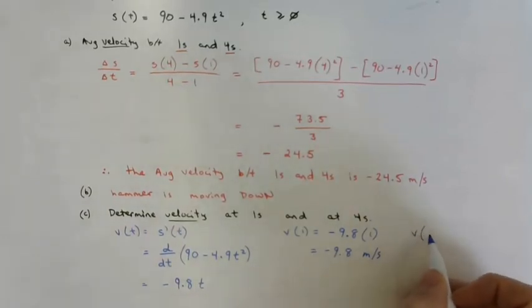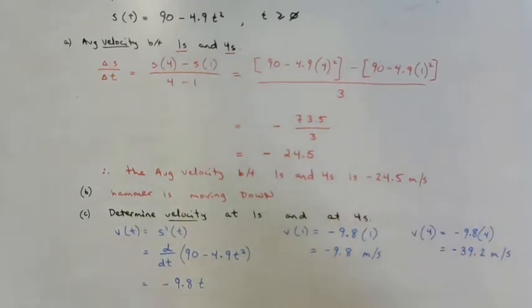And the velocity at 4 seconds is negative 9.8 times 4, which is negative 39.2 meters per second. So you can see how our average velocity falls somewhere in between there. It's a pretty good estimate of that whole span, and yet there is a pretty great difference between the velocity at 1 second and the velocity at 4 seconds.